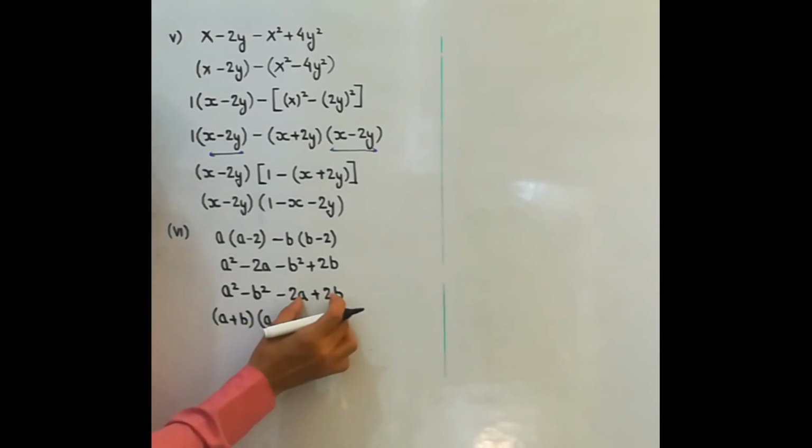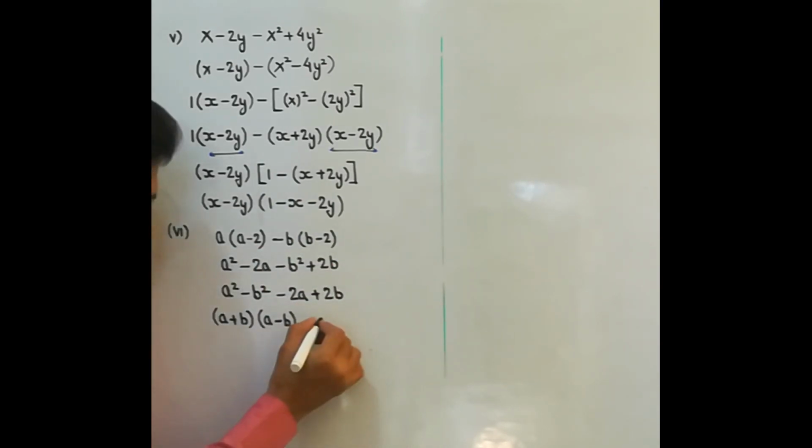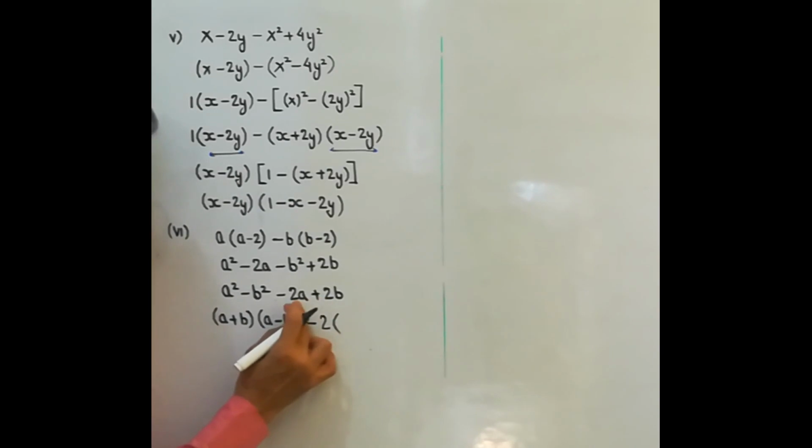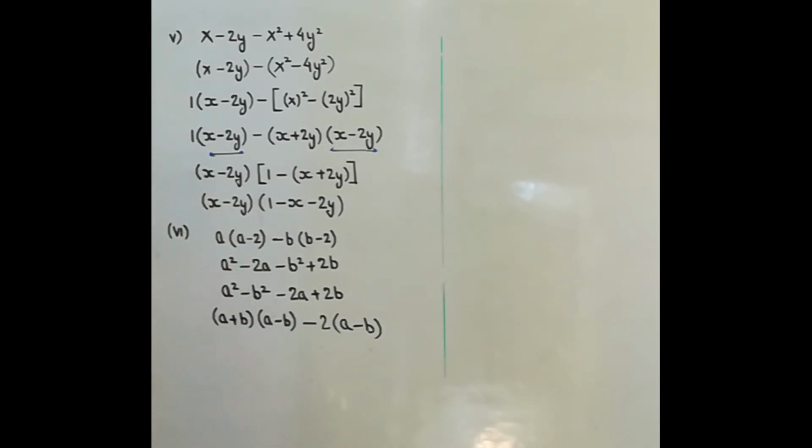And I told you whenever a group will start with minus, then after taking common you have to change the sign. Taking 2 common, this will be left with a and this will become minus b. So this part is clear to you? See, in the second group we have taken 2 common, but there was a minus sign in the starting, so it becomes a minus b within the bracket.